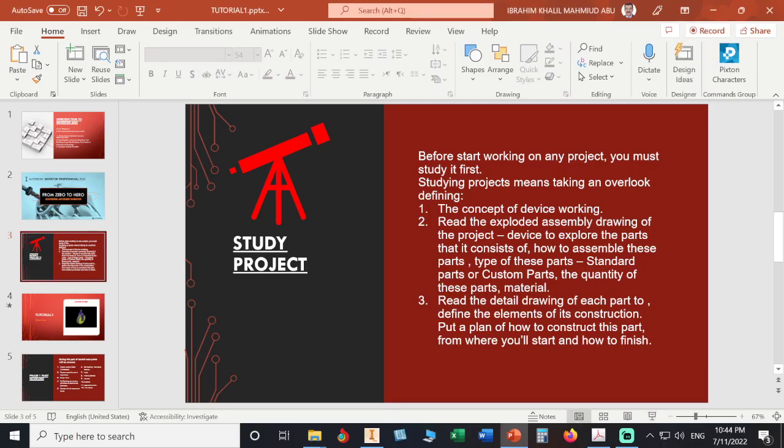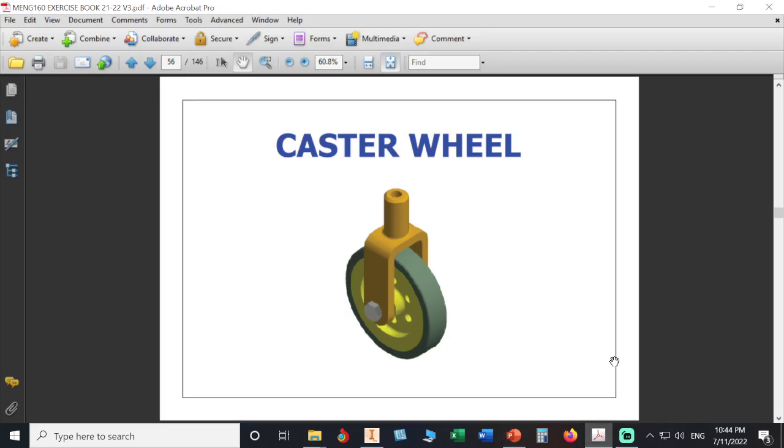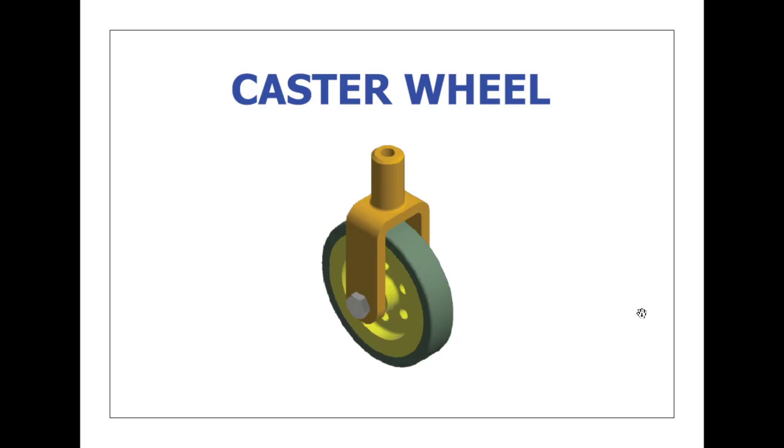So let's go back to our drawings. This is a shaded 3D assembly view, like a picture of our project. This is the main page of our project, with the name above.